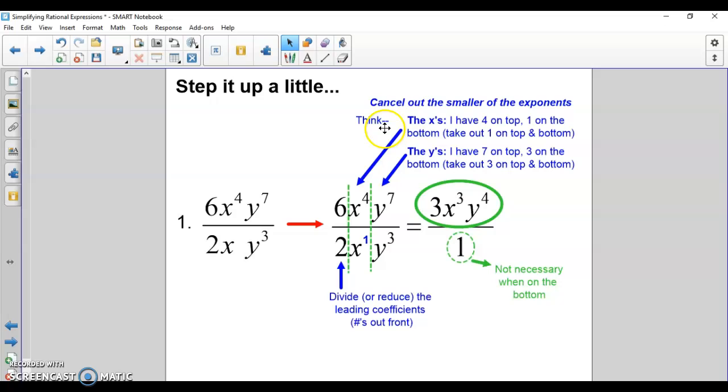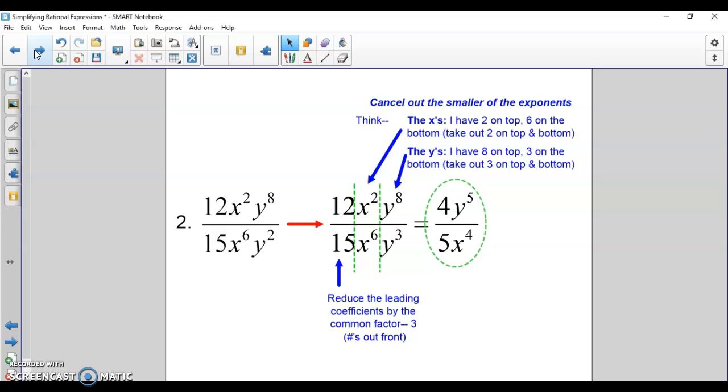So we think to ourselves, if I have 4 x's on top, I have 1 on the bottom technically. I take out 1 on top and bottom. So 4 minus 1 is just 3 up top. 1 minus 1, all the x's are gone on the bottom. So I have x cubed up top. Same deal with the y's. 3 of them can cancel, so I'm left with y to the 4th up top. Again, the 1's not necessary when it's on the bottom.